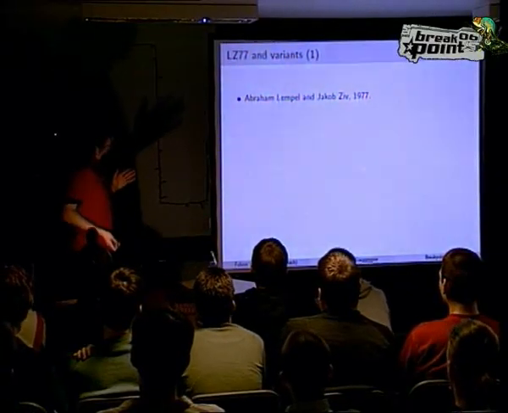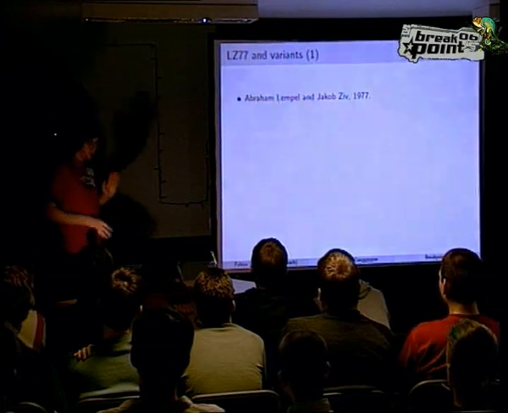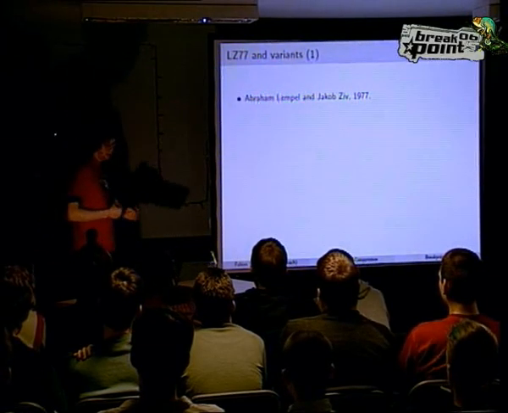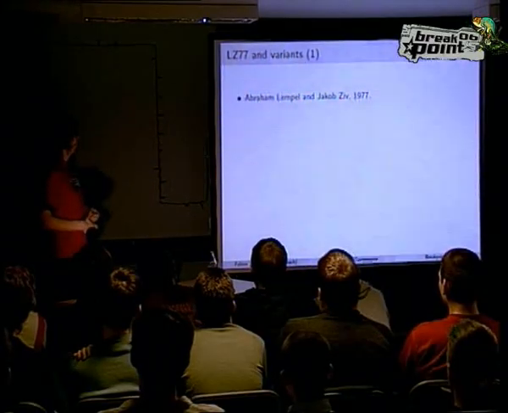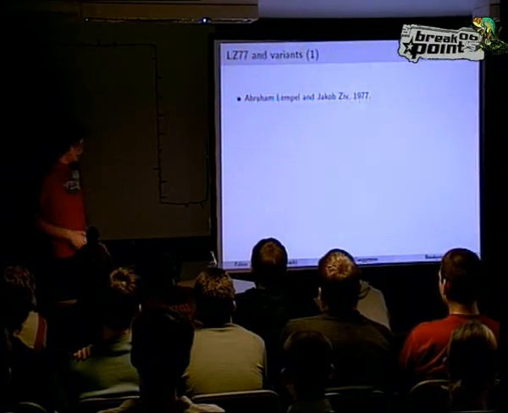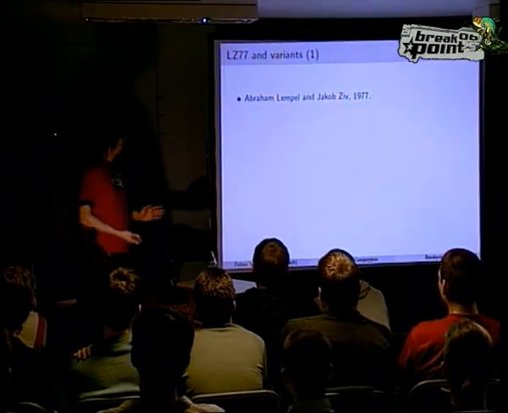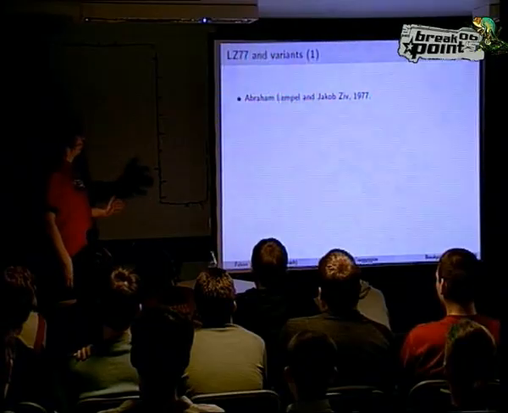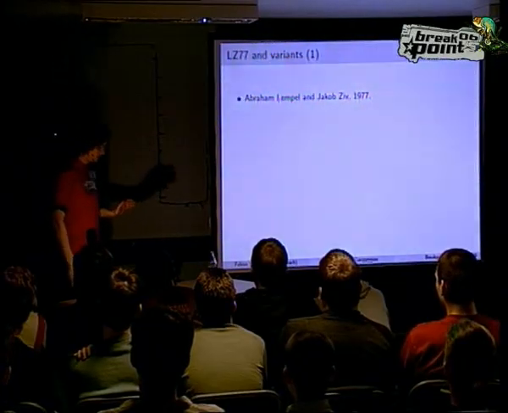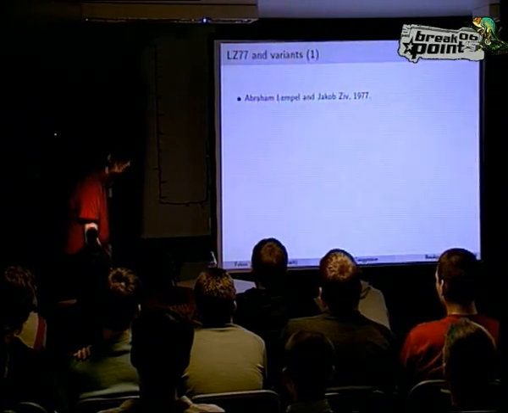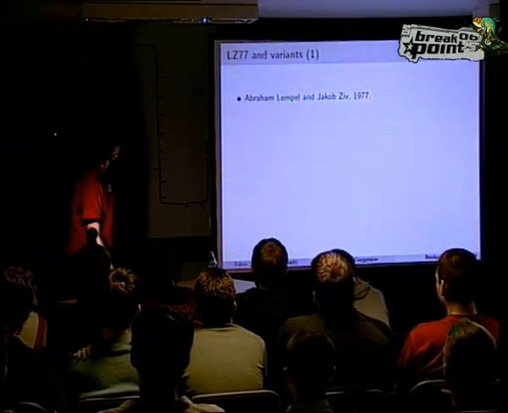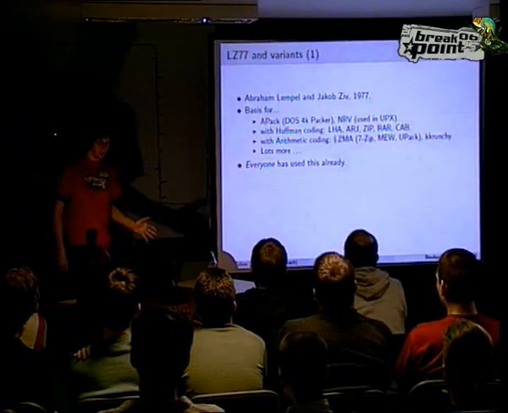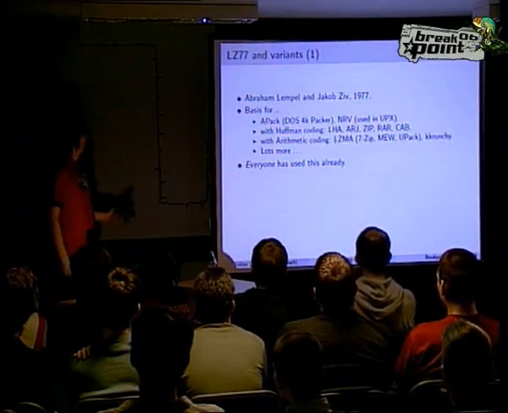So, implicit dictionary methods. The most popular, most well-known of that is the so-called LZ77 scheme, variants of it, which is done by Abraham Lempel and Jacob Ziv in 1977. This is really probably one of the most important publications in the data compression world, because this algorithm is the basis for basically most packers you've used in your life.